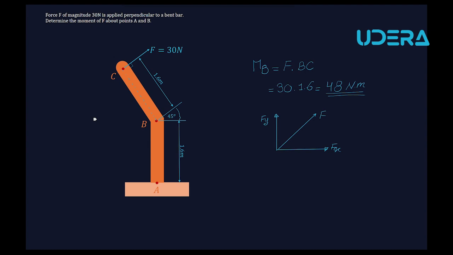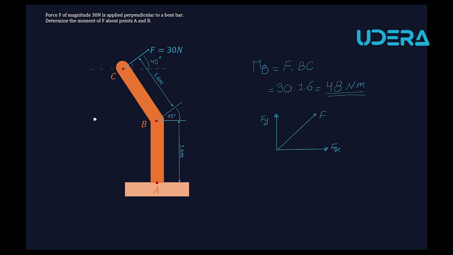So since the joint point of this bent bar creates the angle of 45 with respect to the horizontal direction, force F makes the same angle of 45 degrees with respect to the horizontal direction.